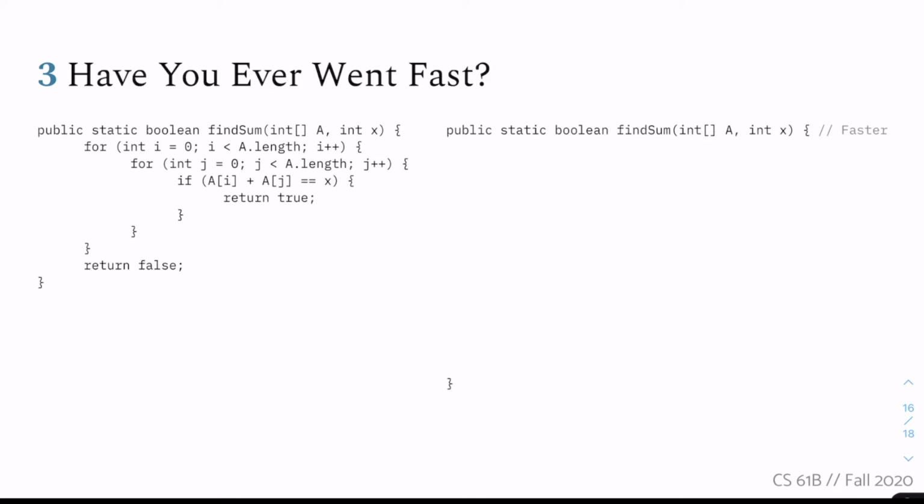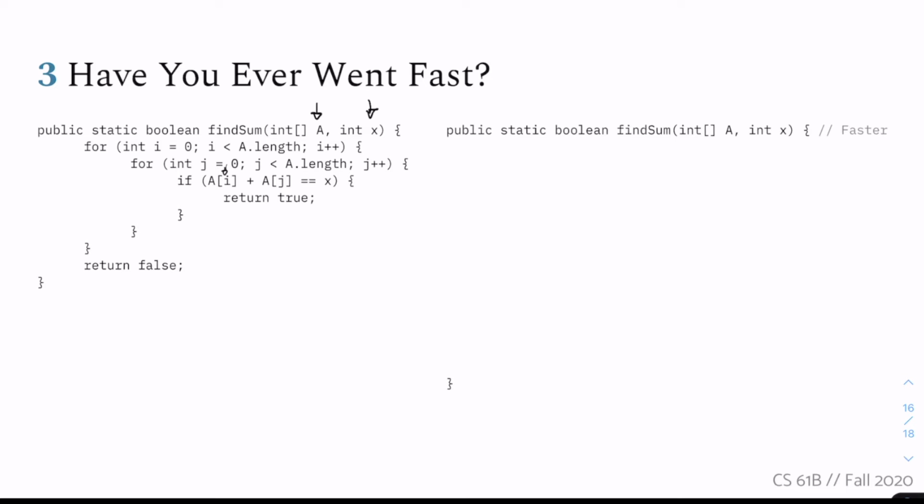So we're passing in some array A and some integer x, and it looks like what we're doing is picking one item out of A and then a second item out of A. And we're returning true if those two things summed together equal x. We do that for every possible combination of items in A, and if none of them equal x, we return false.